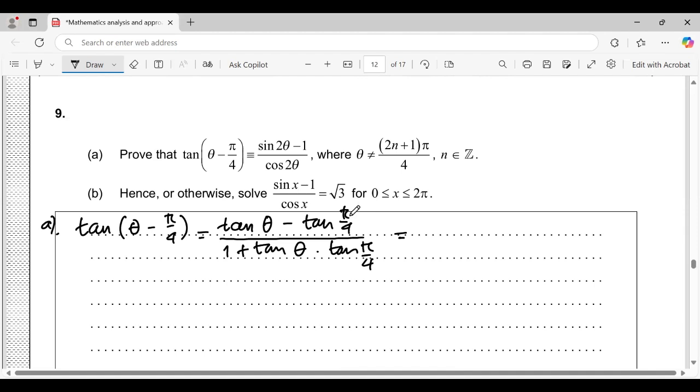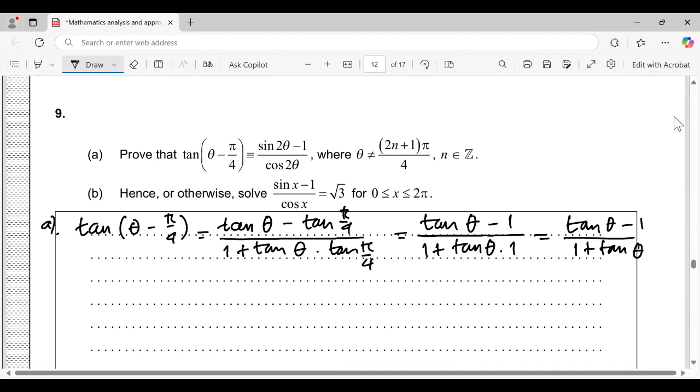Tangent pi quarter is 1, so we can write tangent theta minus 1 over 1 plus tangent theta times 1.